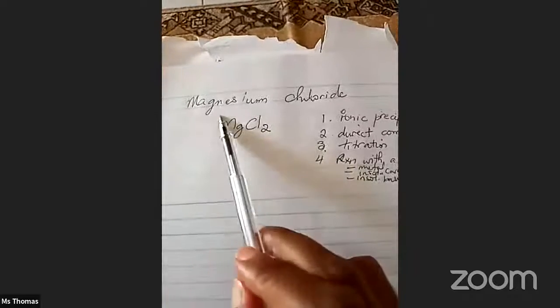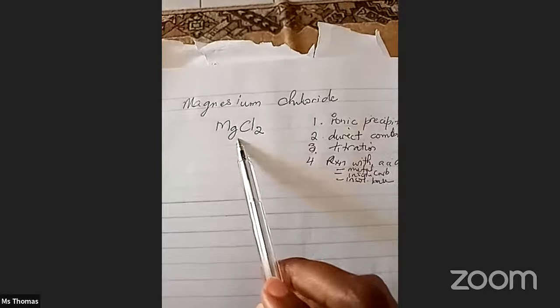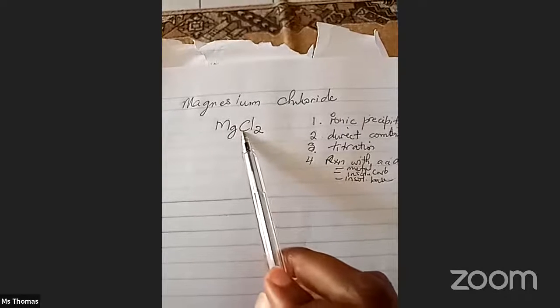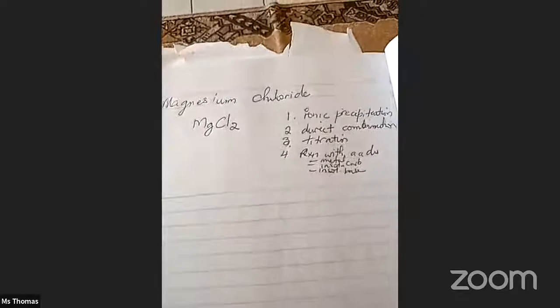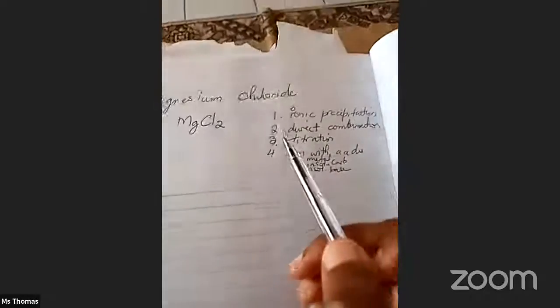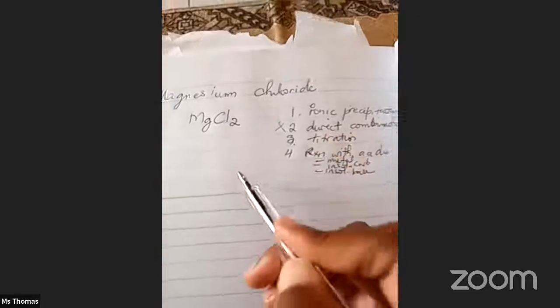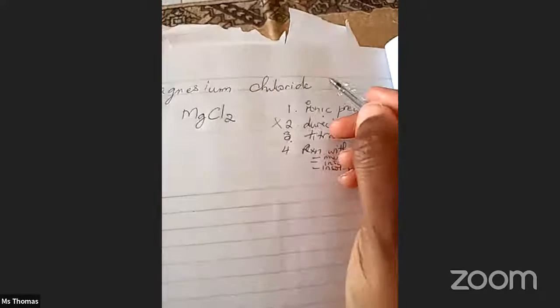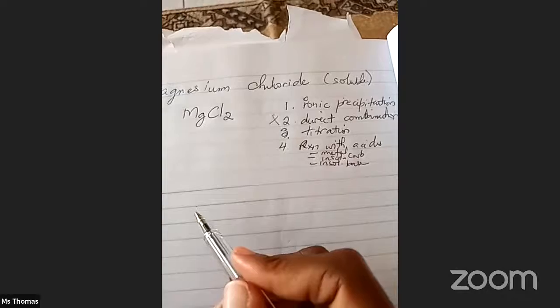Now, if you don't want an anhydrous salt, which one can we rule out here that we don't have to use? Direct combination. We've also said that magnesium chloride is soluble. So which other one can we rule out? Ionic precipitation.